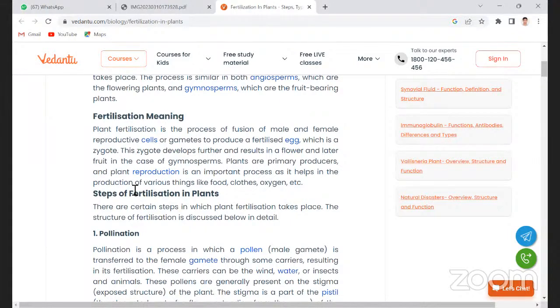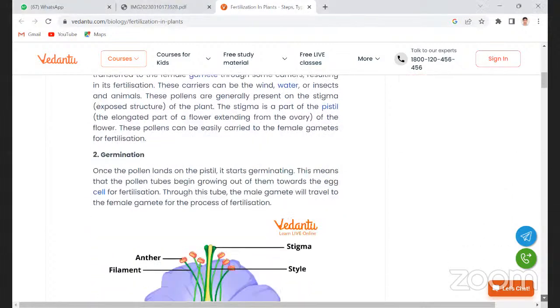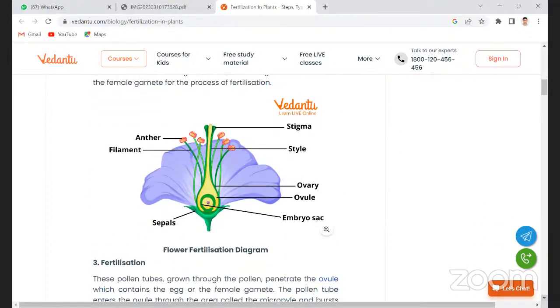During pollination, pollen grains reach the stigma. First of all, observe this flower fertilization diagram. What are the parts?